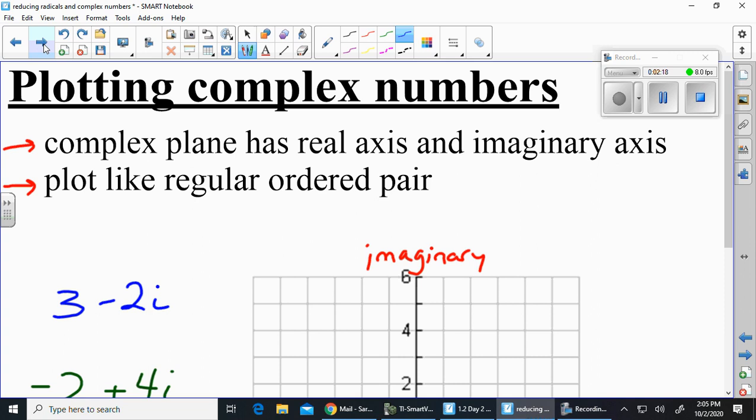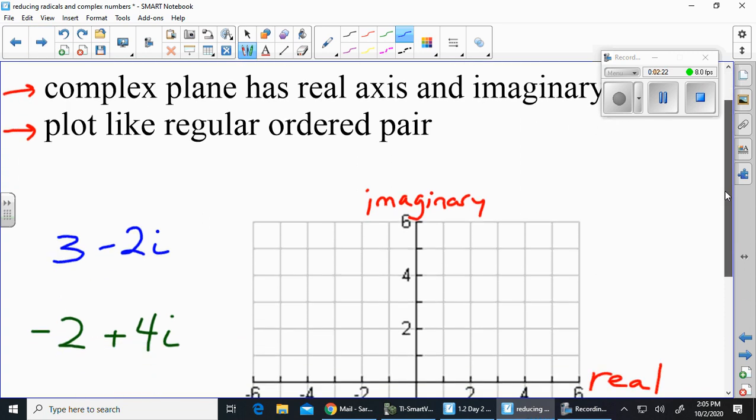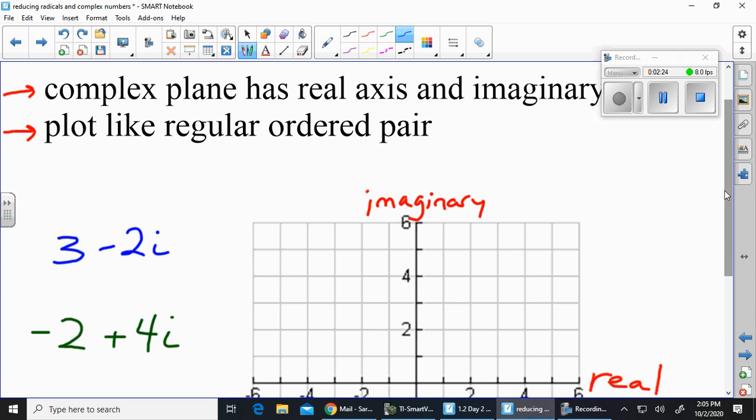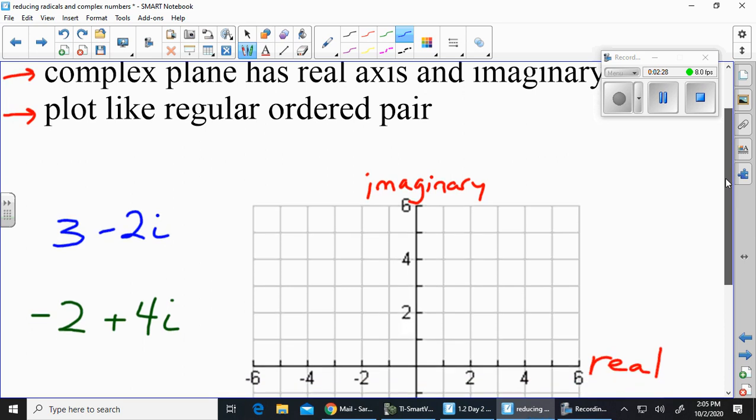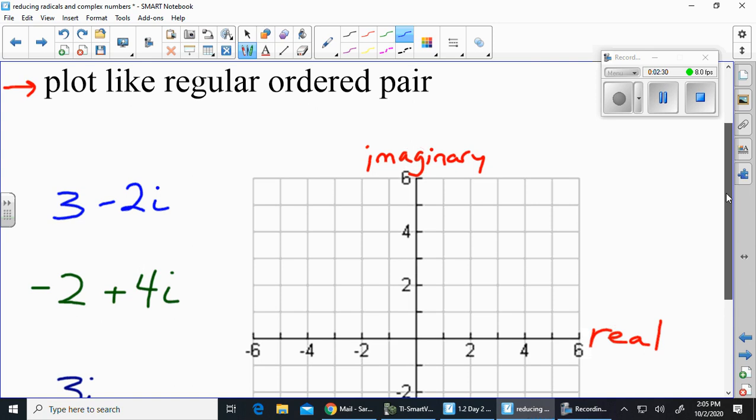So also, we did not talk about plotting complex numbers in fourth period. If you are asked to plot complex numbers, there is a complex plane. The real axis is the x-axis. The imaginary axis is the y-axis. And plot it just like ordered pairs. So my real part is positive 3, I go right 3.